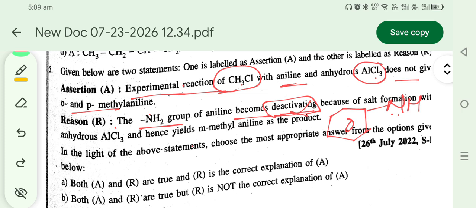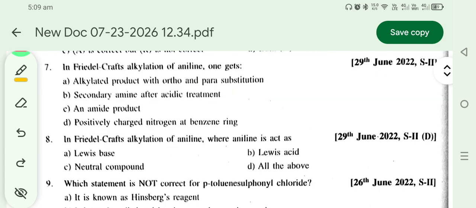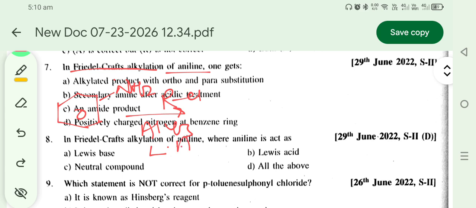The reason is wrong. In Friedel-Crafts alkylation, aniline has a lone pair of electrons and acts as a base. In Friedel-Crafts alkylation, the reaction is an alkyl halide reacting with AlCl3. The AlCl3 is a Lewis acid and the amine acts as a Lewis base. Hence a Lewis acid-base salt formation takes place.